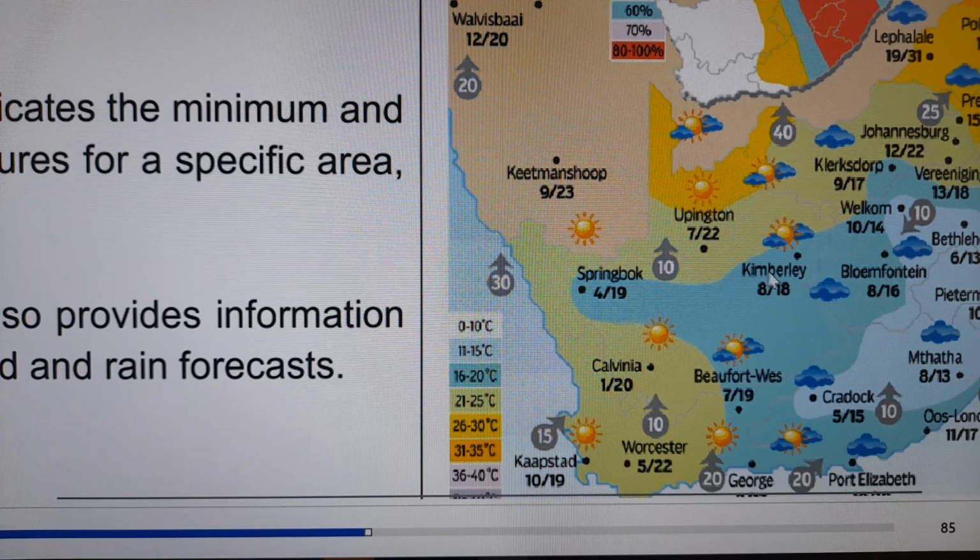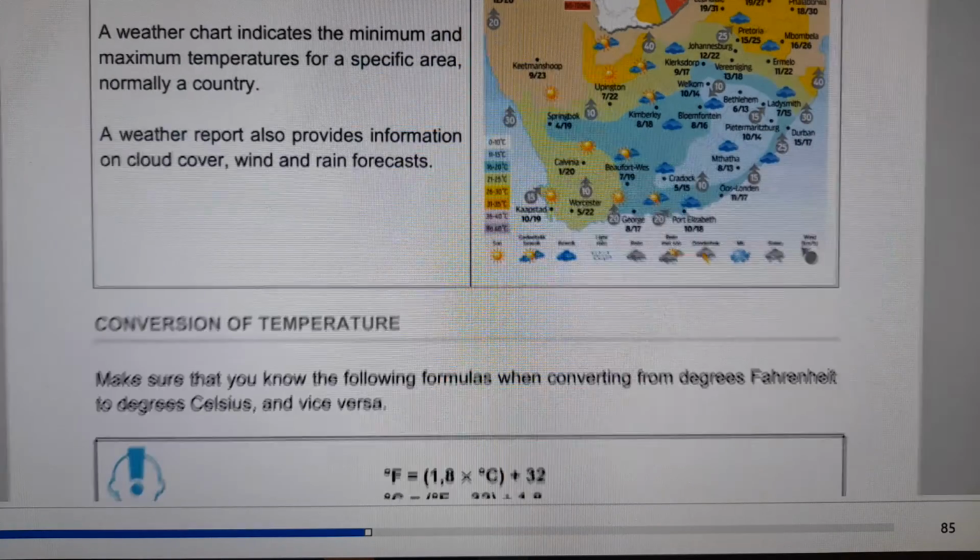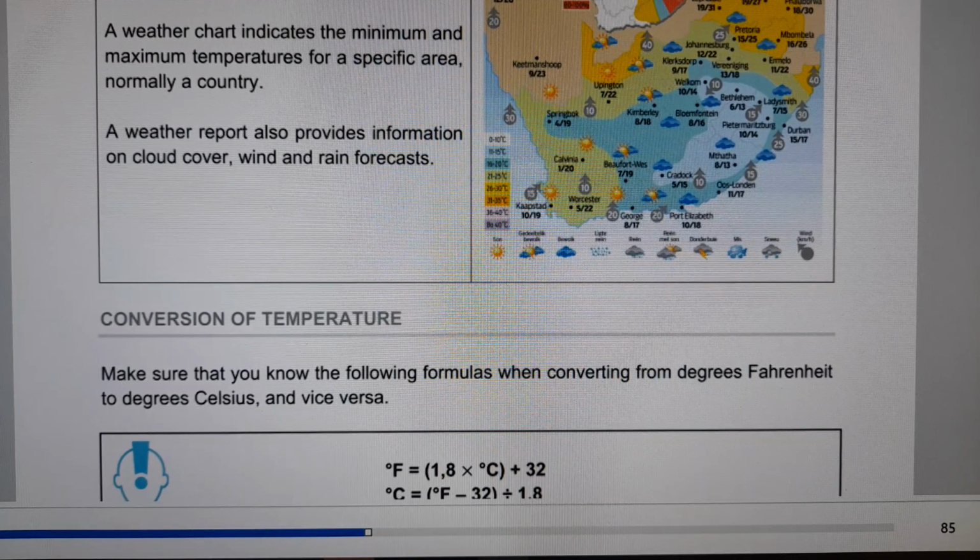So you see Kimberley, we have a minimum temperature of 8 degrees Celsius and maximum temperature of 18 degrees Celsius. And we look at Mthatha. We've got a minimum temperature of 8 degrees Celsius and the maximum of 13 degrees Celsius. These are weather charts that we can also use to measure temperature.